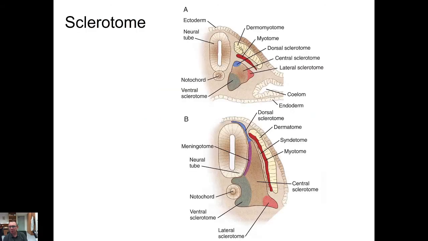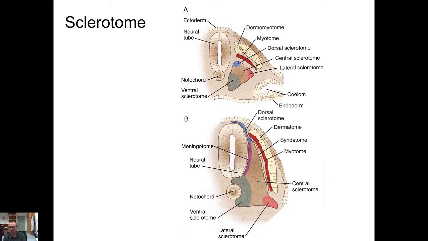Okay, so we can stop the description of mesoderm itself and let's focus on the formation of some systems which are developing from the mesoderm. Let's start with the skeleton. Most of the skeleton is from mesoderm, and the main mesodermal source of the mesenchyme giving rise to bones is the sclerotome.